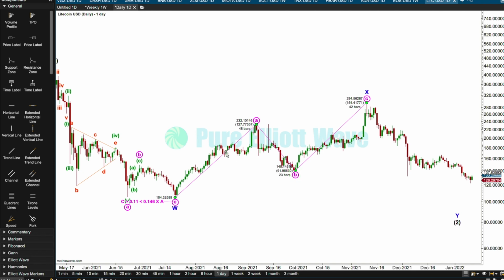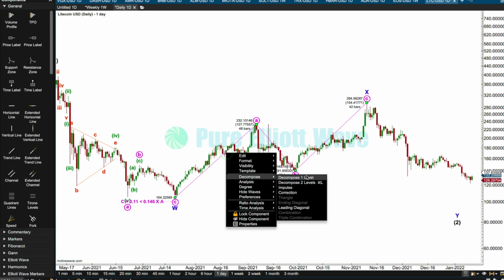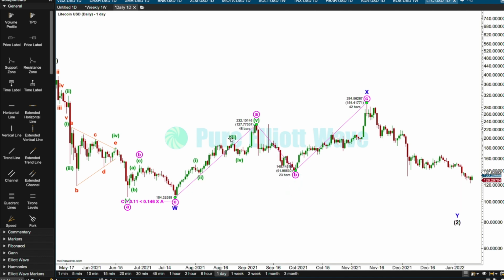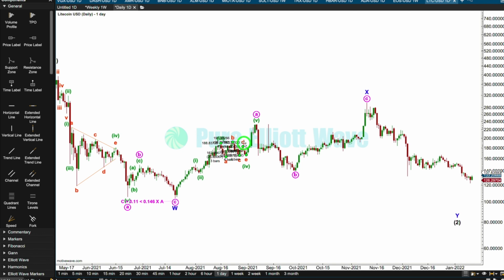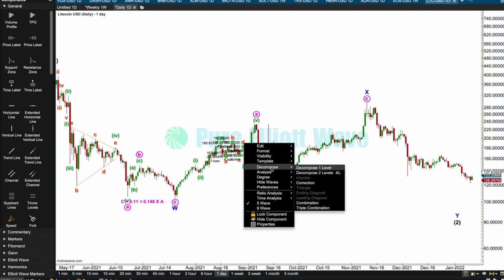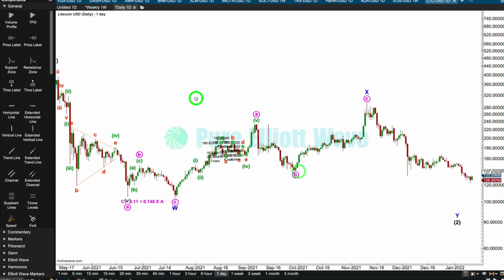Yeah, that looks okay, I think. Let's see, I think A subdivides as a 5. And I think I want to make 4 a triangle. Yeah, it looks pretty good. Proportion isn't great, but triangles are longer lasting structures than zigzags. So 2 is zigzag, 4 a triangle, that looks okay.